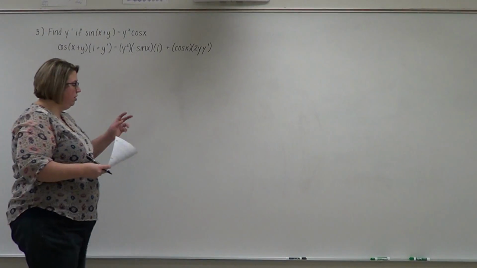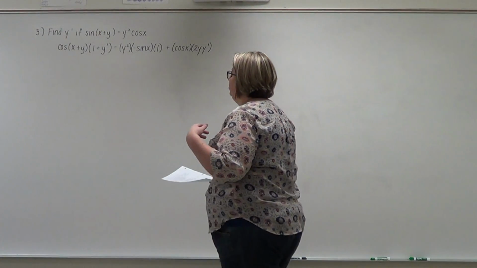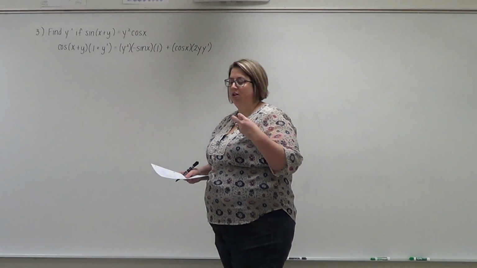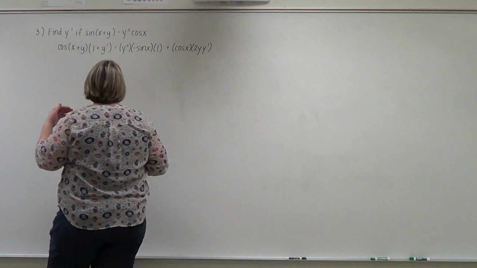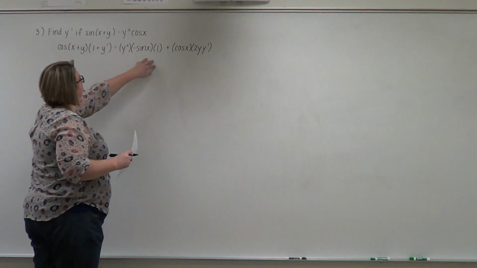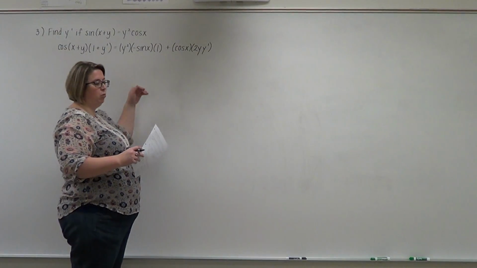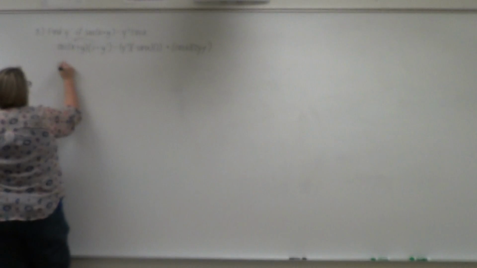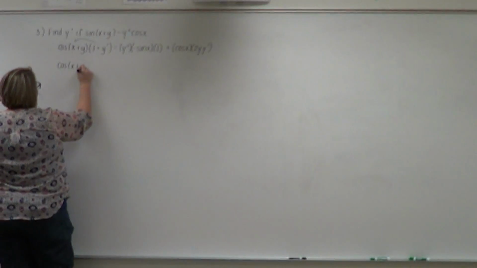Okay, so we found the derivative. In order to find y prime, you have to solve for it. The easiest way to do that is distribute, multiply together, then get the y primes on one side. So if I distribute, 1 times all of this is cosine of x plus y.